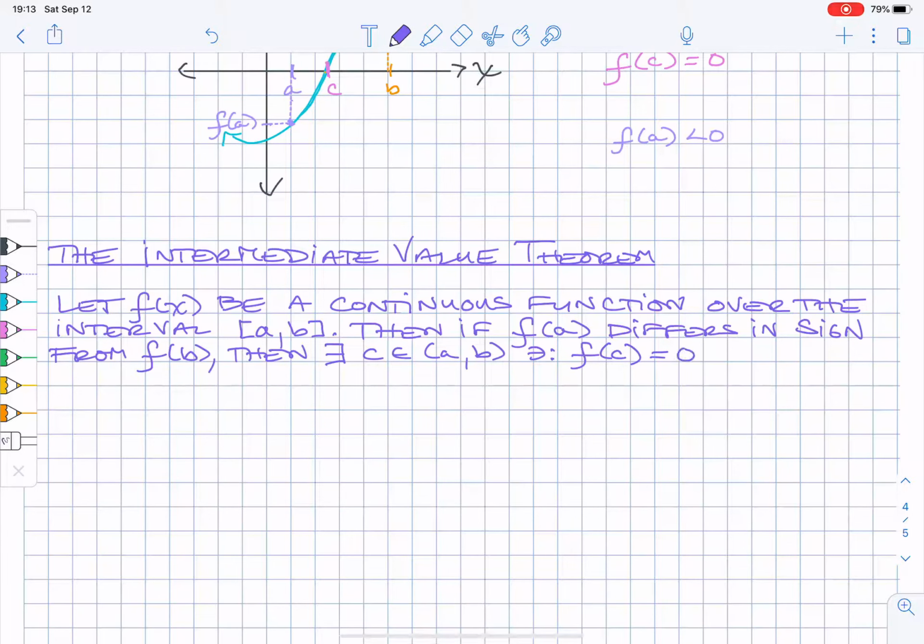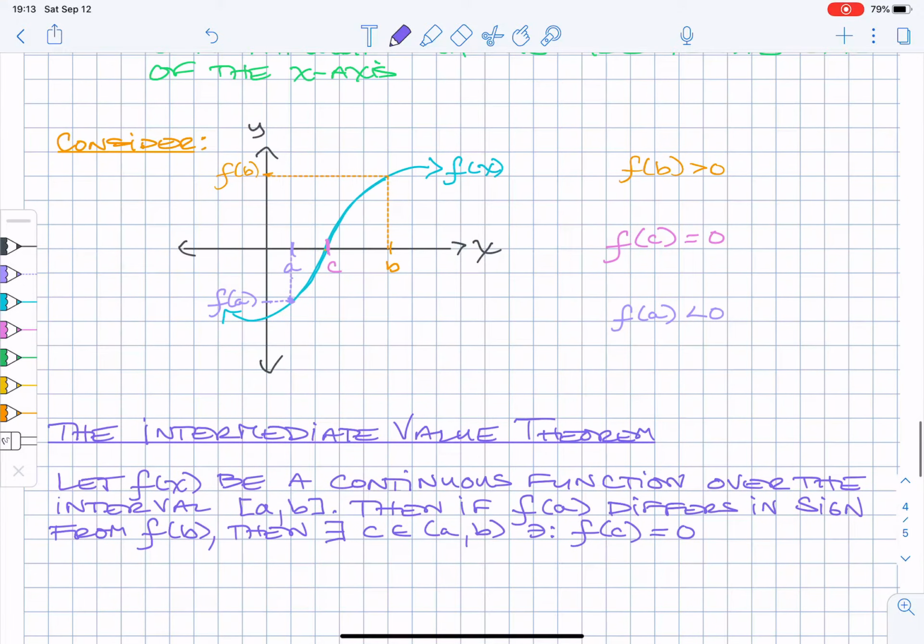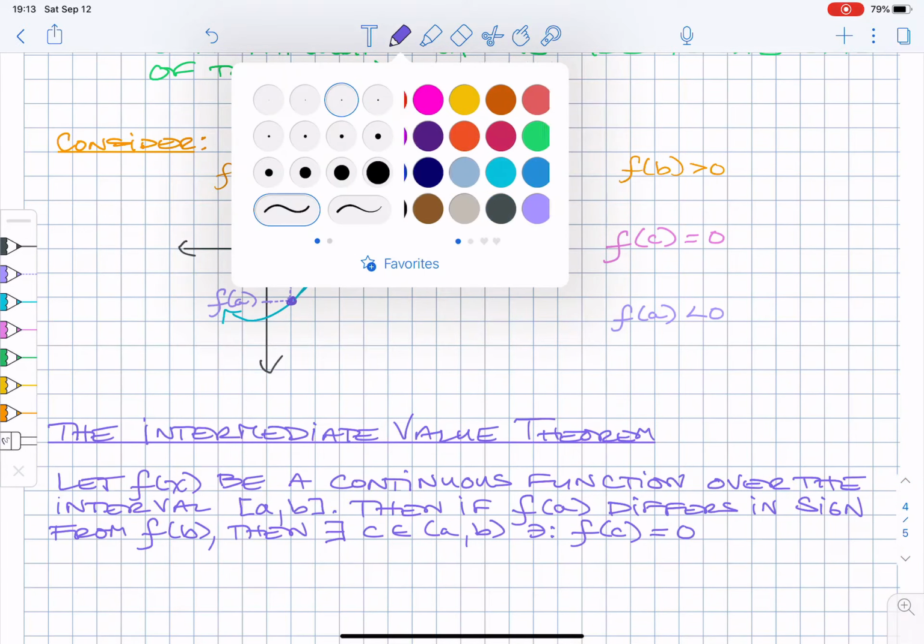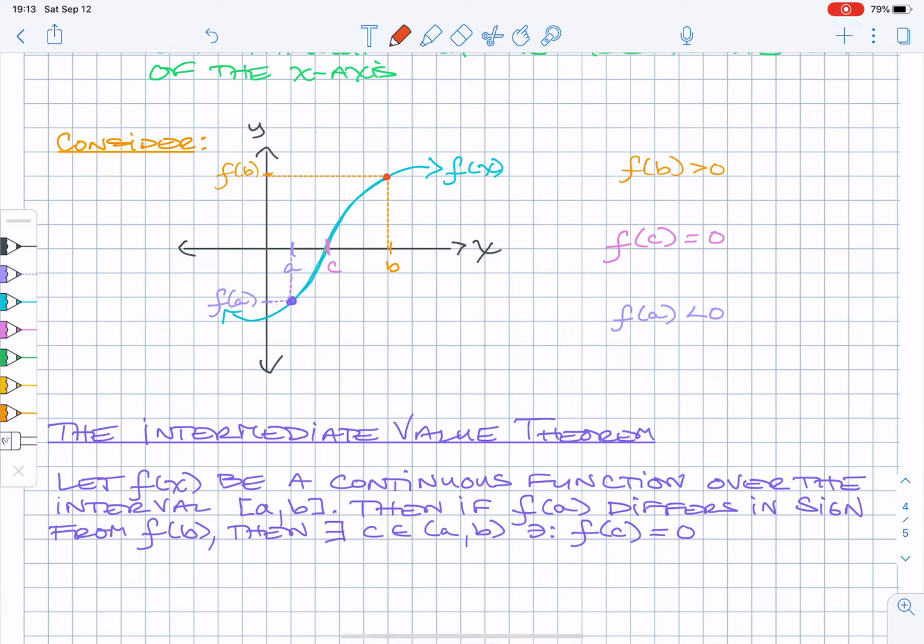So if we look at our graph, I claim that f of a and f of b differ in sign, right? One's positive, one's negative.